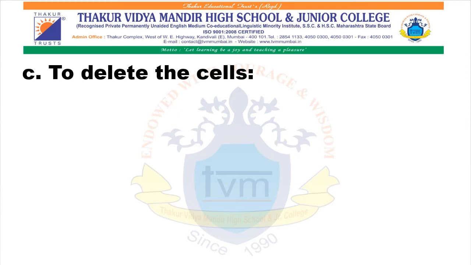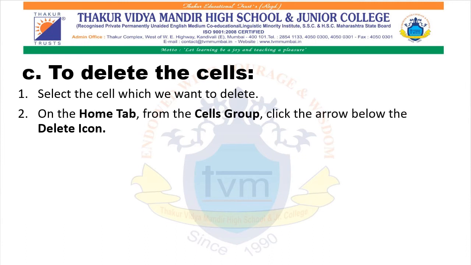So the first step follows. Select the cell or cells which we want to delete. On the Home tab, from the Cells group, click the arrow below the delete icon. Third step, click the delete cells option.